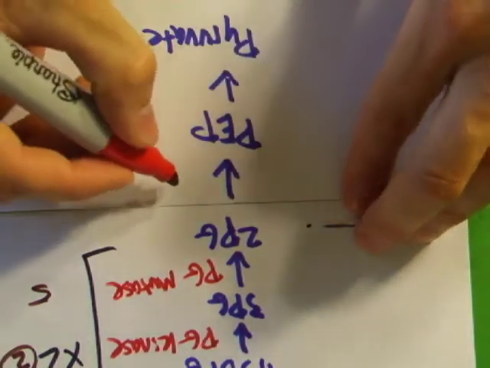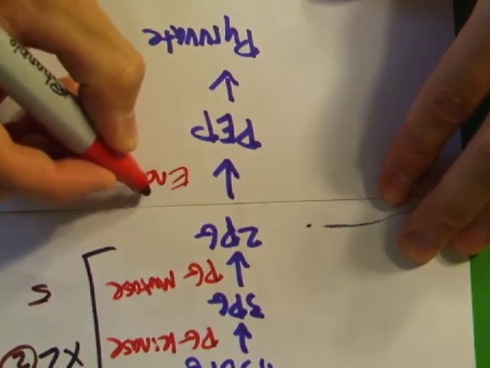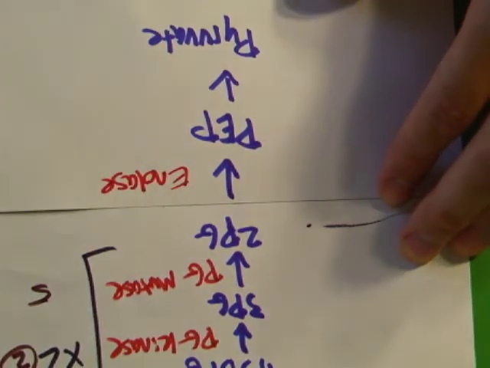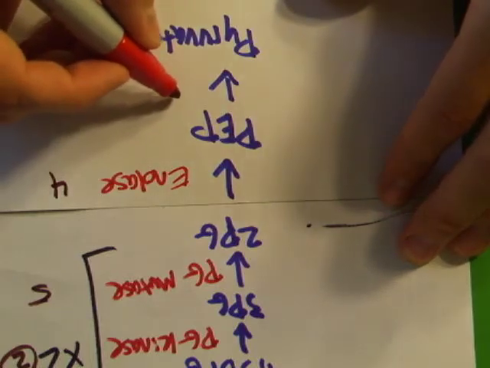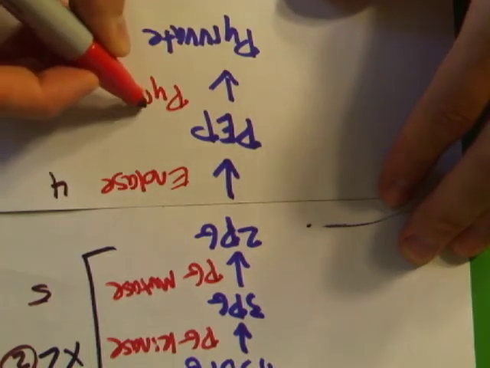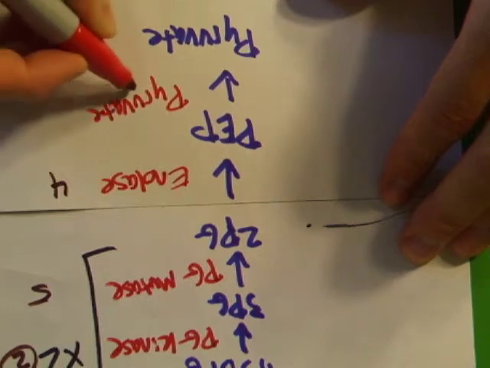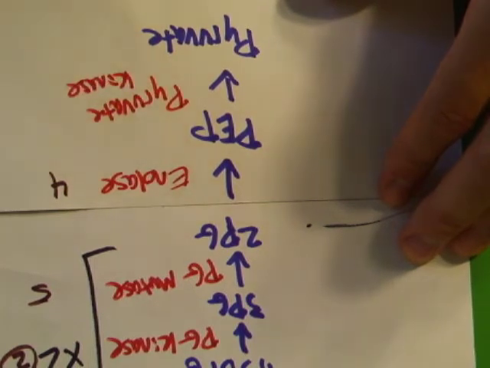That one is called enolase. Enolase is very similar to aldolase, meaning it's a lyase. And then PEP into pyruvate is done by pyruvate kinase. Kinase, transferase, enzyme class 2.